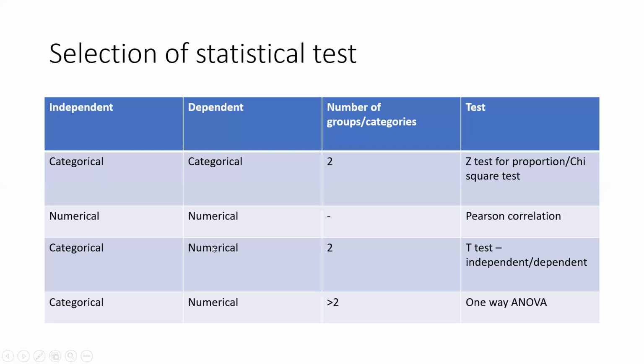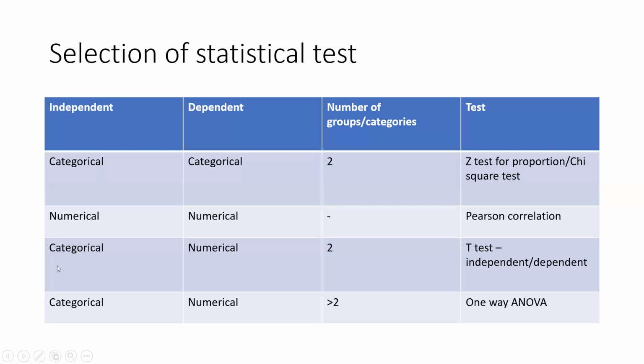Categorical with numerical, if the categories are not dependent, that means male and female, you use the independent sample t-test. If you are measuring the same category in two instances, it is considered as two categories but they are paired, or dependent on each other.